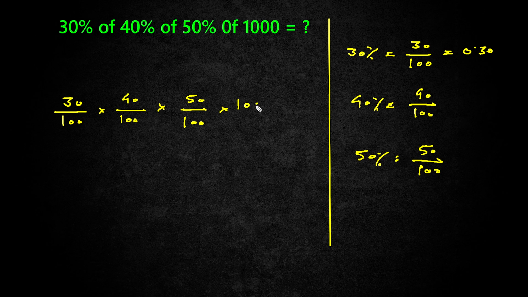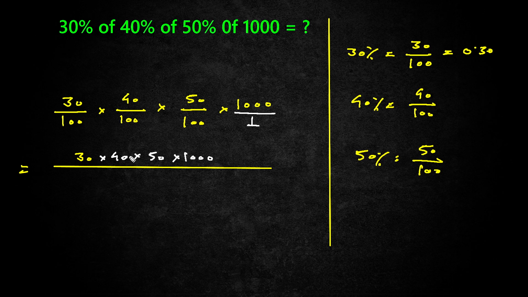And of 1000. We can solve it from here, keeping everything in fractions, but showing a few steps because not everybody knows it. We multiply all the tops, because 1000 is basically another fraction, 1000 over 1. So it's going to be 30 times 40 times 50 times 1000, everything divided by 100 times 100 times 100.